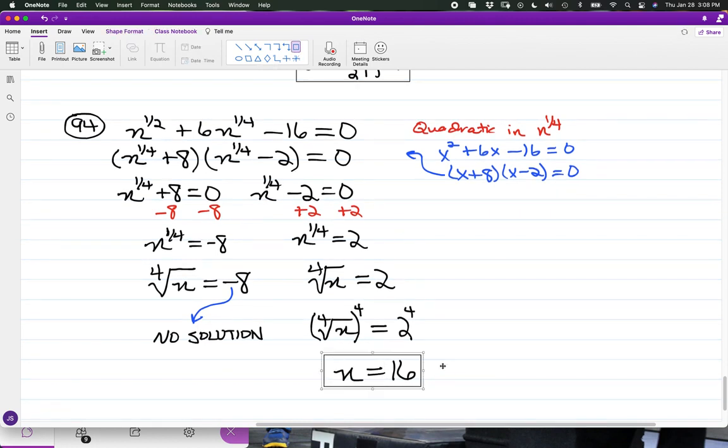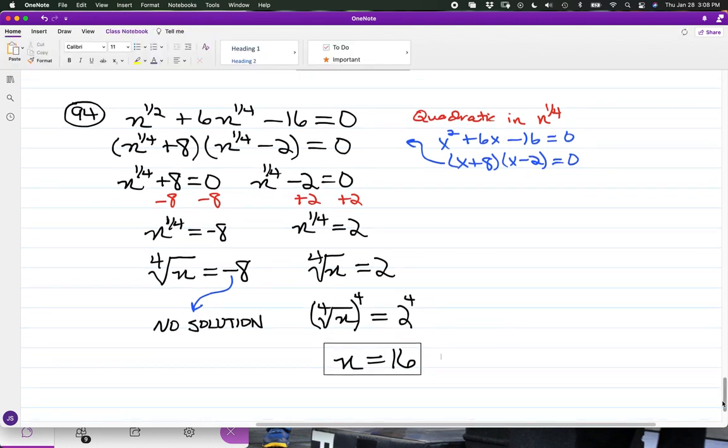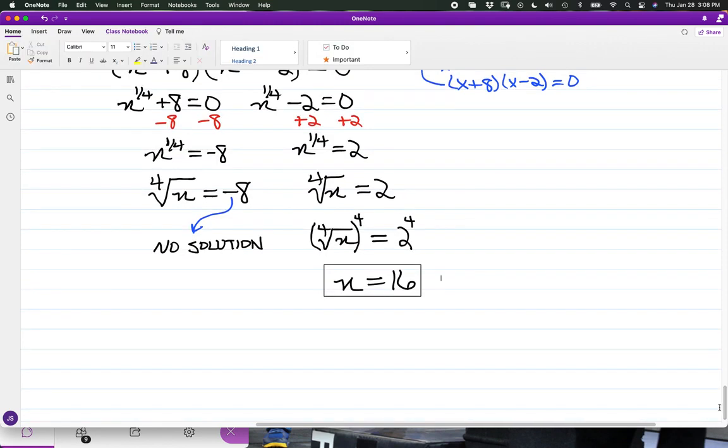All right, and we will continue looking at equations that are quadratic in form, as well as some that will have integer exponents and others that will not.